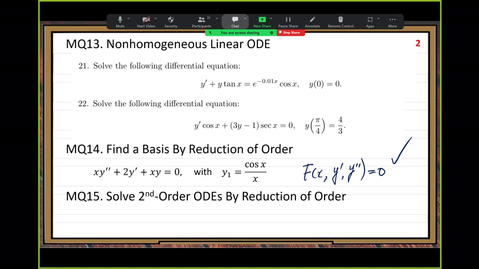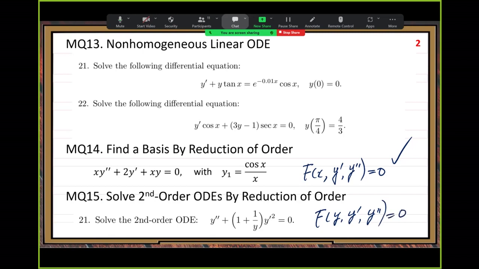But the second type is a little harder. So you need to prepare for the second type. Look at this example. The pattern, the format, is f of y, y prime, y double prime equals 0. There is no x. And another thing, it's not necessarily linear.